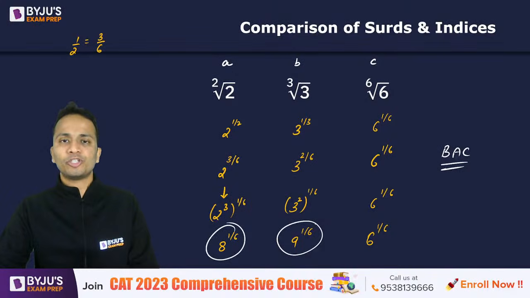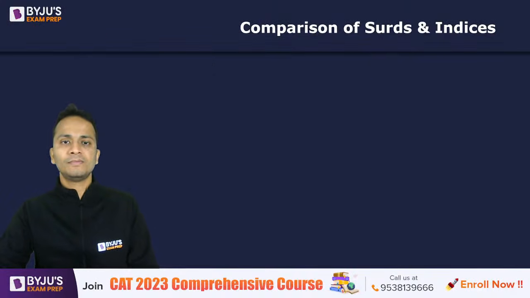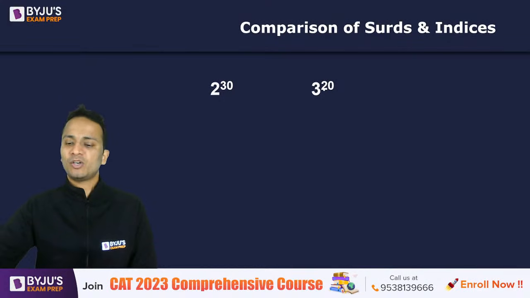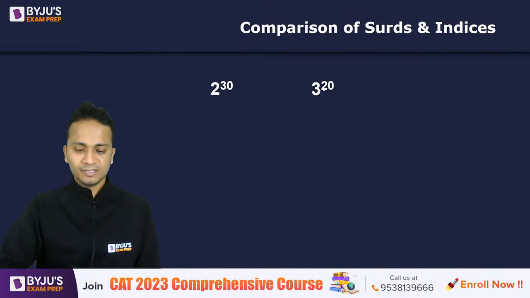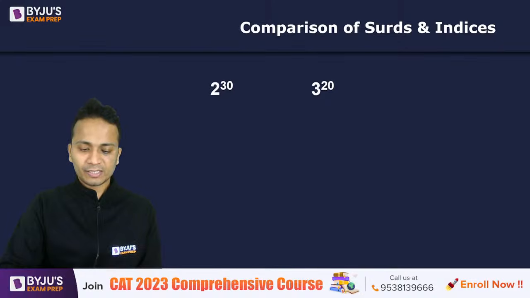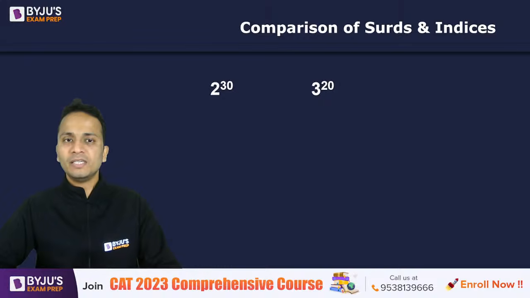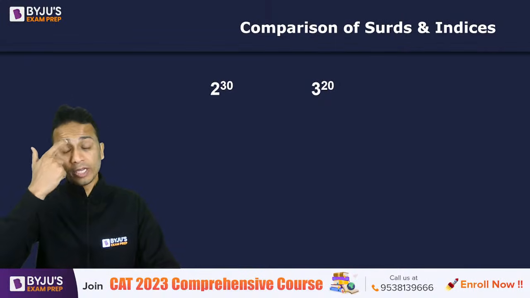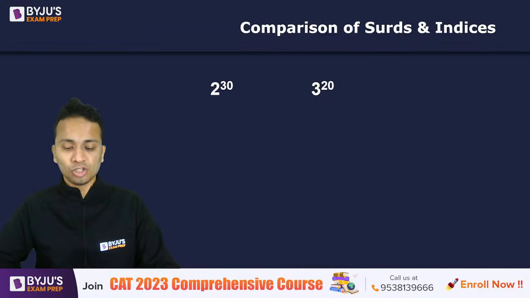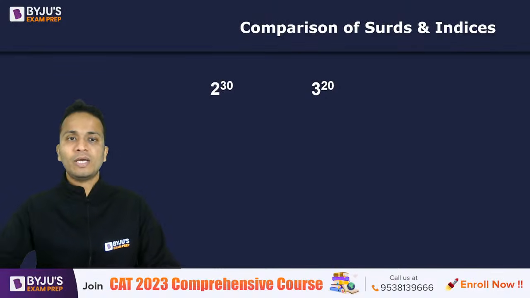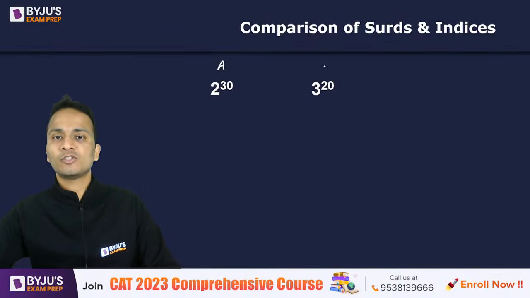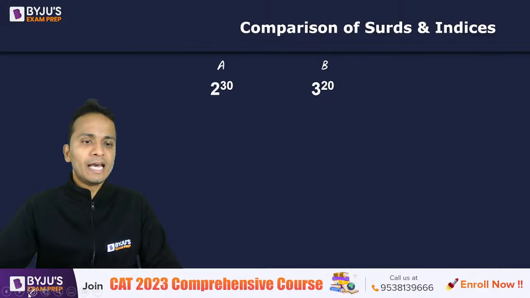Let's take one more question. 2 raised to the power 30 and 3 raised to the power 20. So what to do with this? Yes, anyone? I'll call the first one A and this one B. So among A and B, which one is largest?